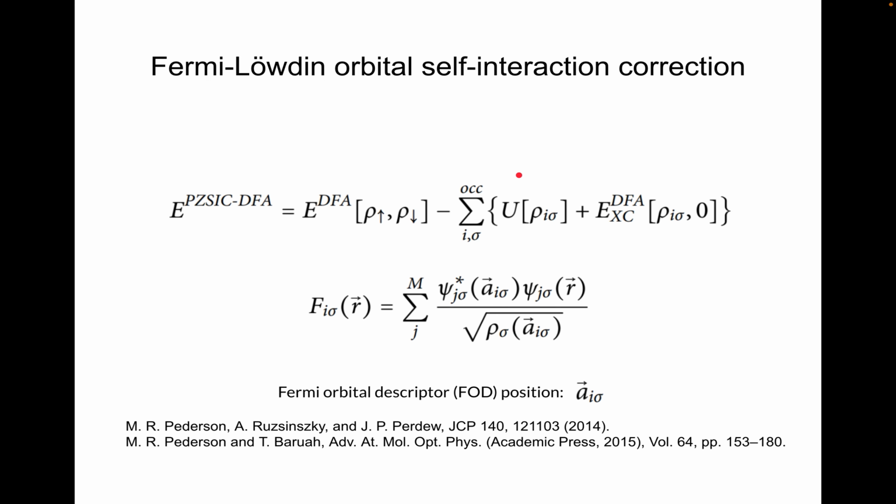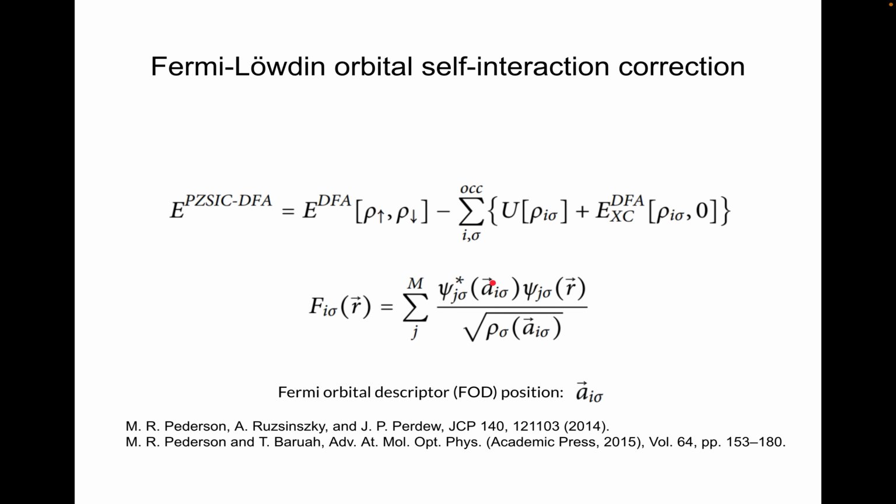So in the FLOSIC approach, what we do is you take the PZ-SIC energy equation like before, but to deal with the SIC term, you use the Fermi-Löwdin orbitals. First, you obtain the Fermi orbital by the unitary transformation from the Kohn-Sham orbital psi j sigma.